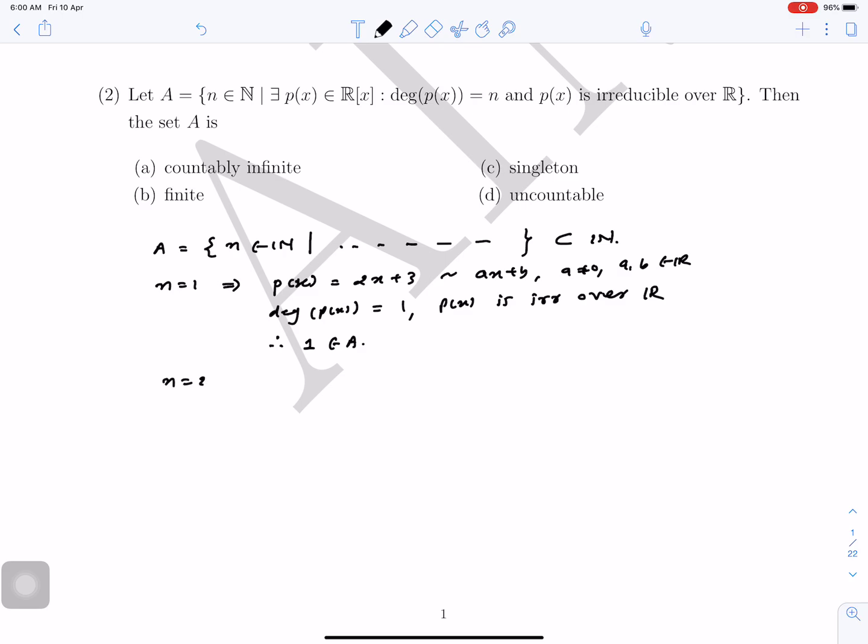Now n is equal to 2. Consider p(x) equal to, say, x square plus 1.